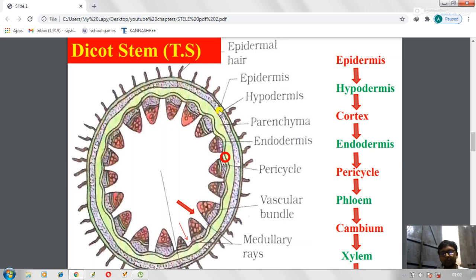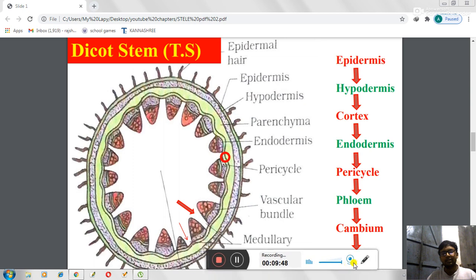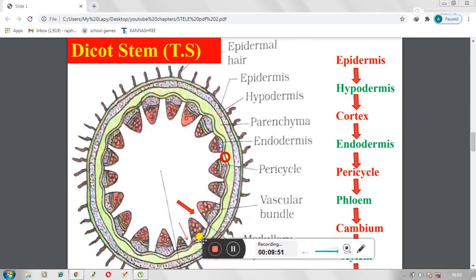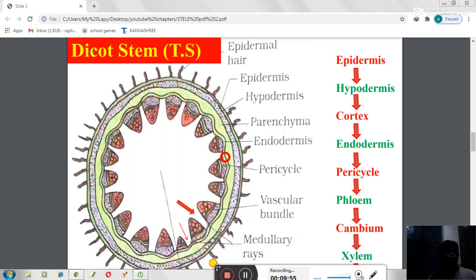So the hypodermis is collenchymatous and is a part of the cortex. Then the cortical layer is parenchymatous tissue, and they are living also, with conspicuous intercellular spaces between them.